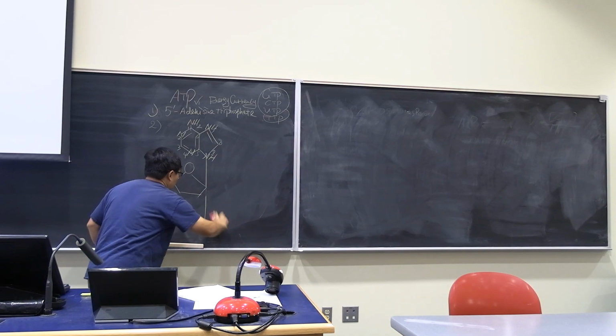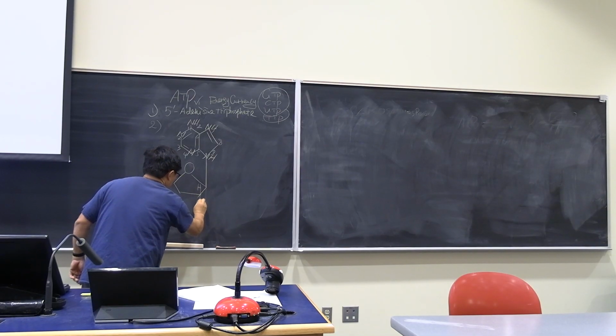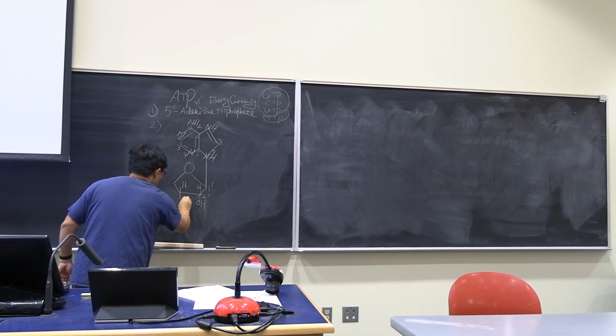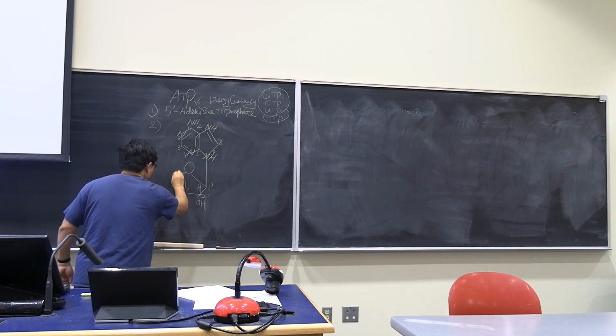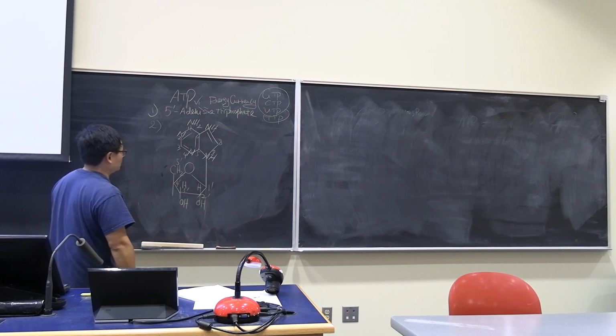Okay, of course this is not that long. What does a ribose look like? H, OH, that's 1 prime, 2 prime, H, OH, 3 prime, 4 prime, CH2, that's 5 prime. What are we missing? Phosphates.